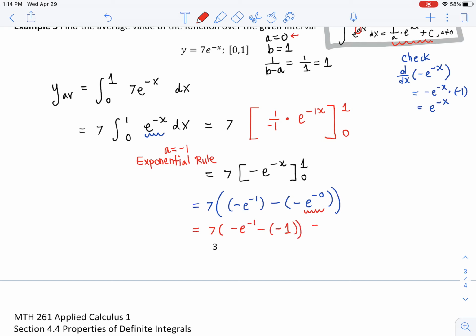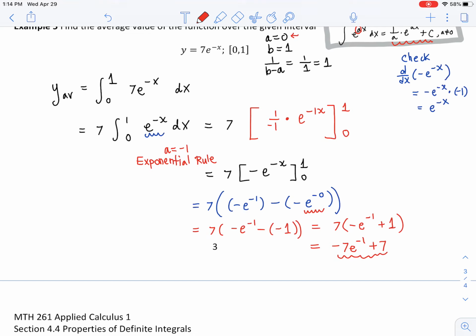Anything to the 0 power is 1, right? So that's going to be minus negative 1 right there. So that will be 7 times negative e to the negative first power plus 1. And I think you can stop there, but if you want to distribute that 7 in, you get negative 7e to the negative first power plus 7.